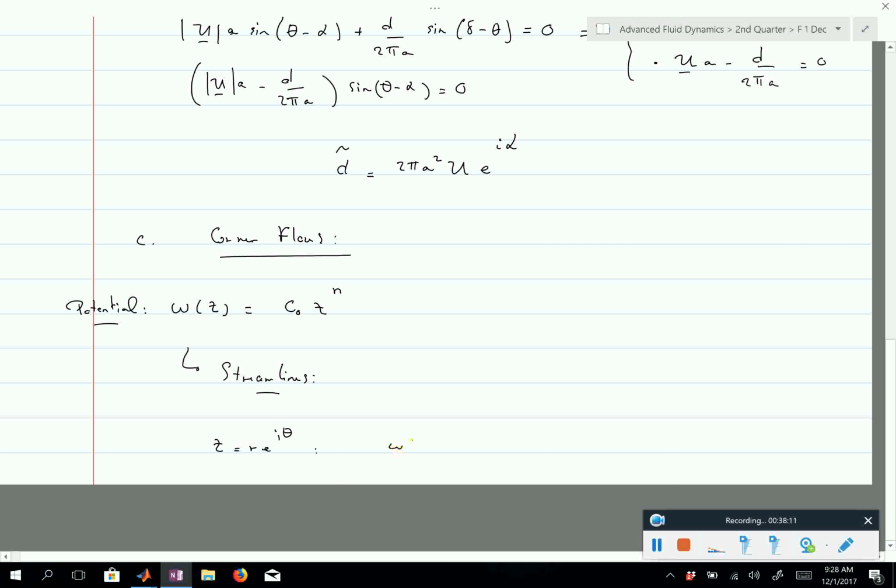So my complex potential is equal to C0 z to the power n, so it's a constant times r to the power n exponential i n theta. Now don't look at the modulus; the important part here is to look at the argument, this n theta here.